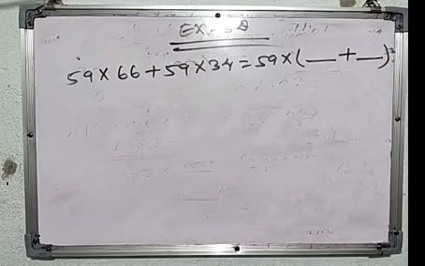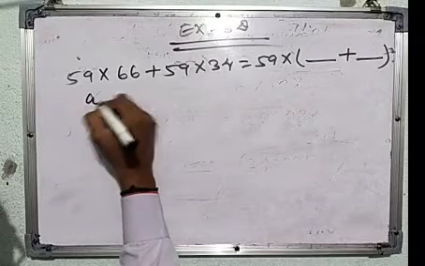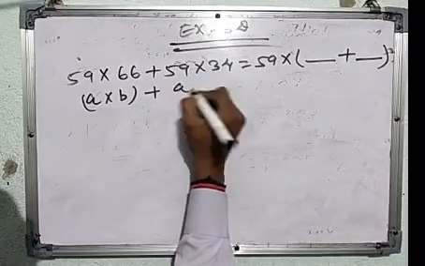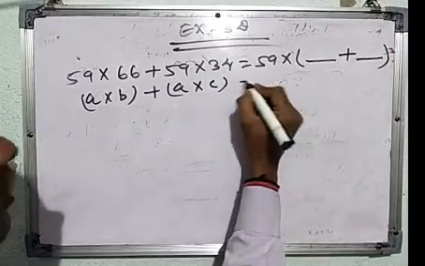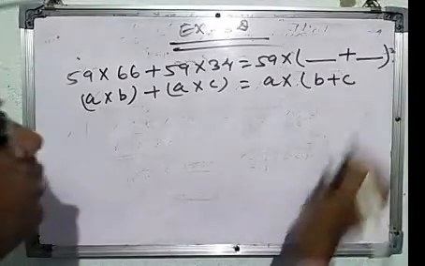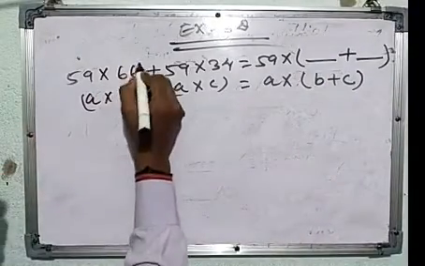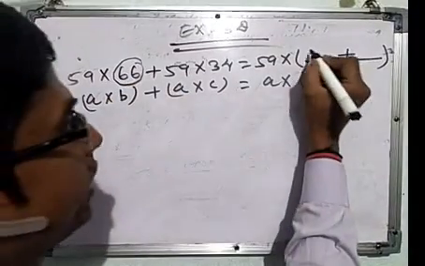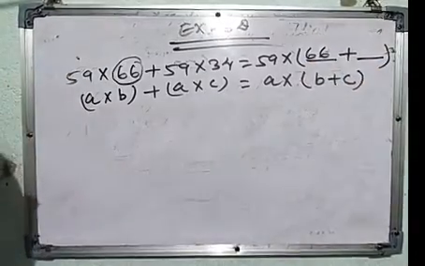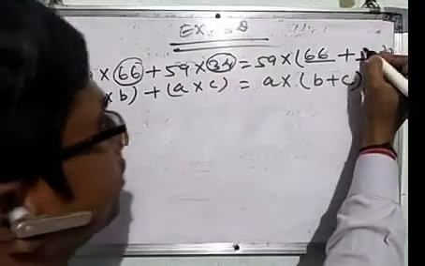So you learned in distributive law over addition, A into B plus A into C always A into (B plus C). So here you write the value of B. So your value of B equal to 66. So here you write 66. And again take value of C. So your value of C is 34. So here you write 34.